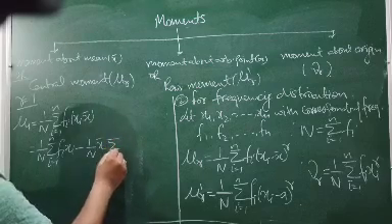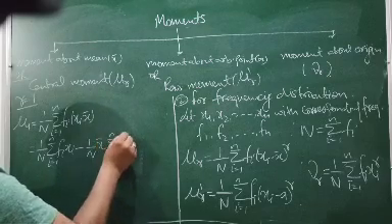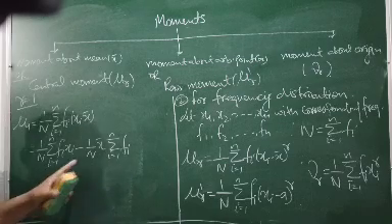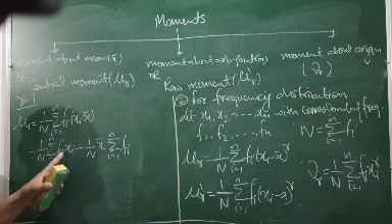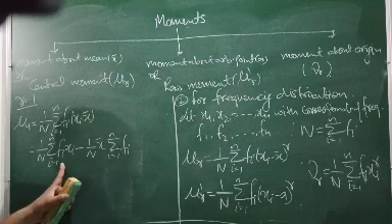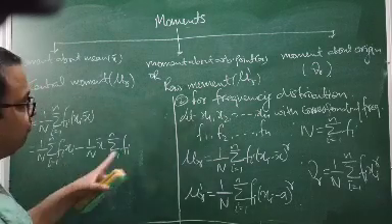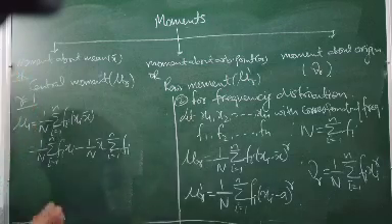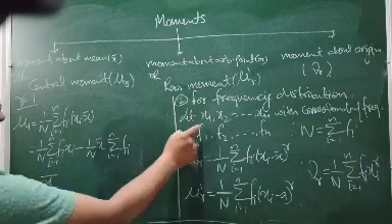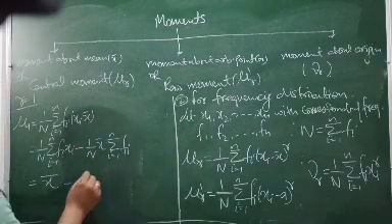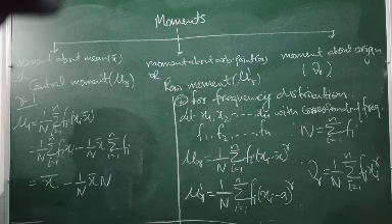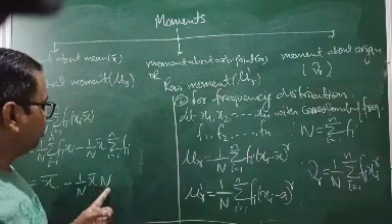Now 1 upon capital N summation fi xi is the formula for the mean of the frequency distribution, so this can be written as x bar, minus 1 upon N x bar into capital N, because summation fi is denoted as capital N.